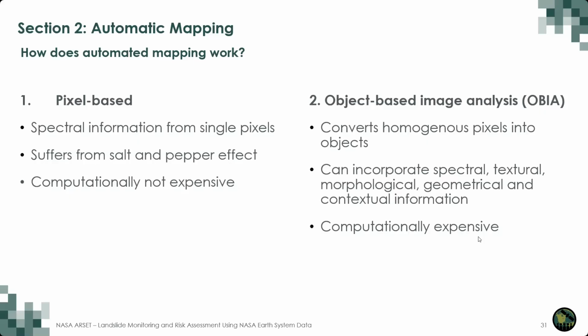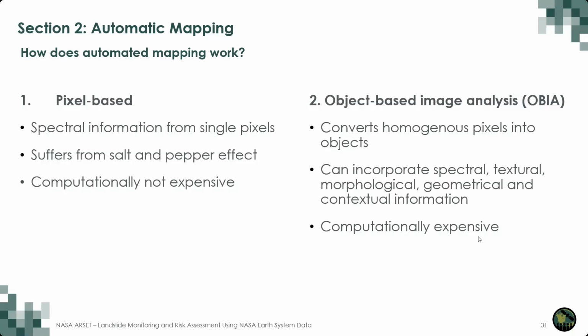Remote sensing of landslides can be categorized into two groups, pixel-based and object-based image analysis, OBIA. The pixel-based method uses the spectral signature of single pixels and has been successfully used to map landslides. However, this method suffers from the salt and pepper effect due to single pixels being demarcated as landslides. On the other hand, in OBIA, image segmentation is used to convert homogeneous pixels into objects.